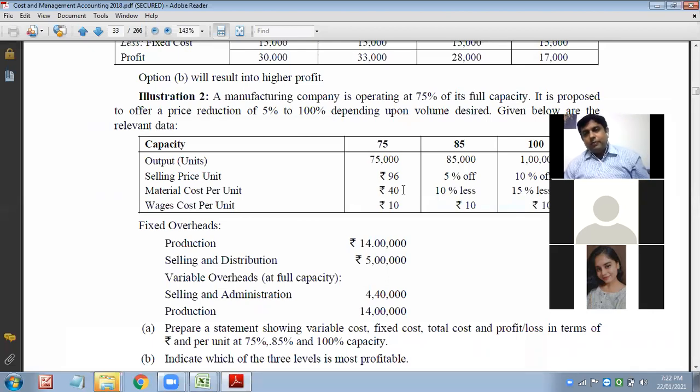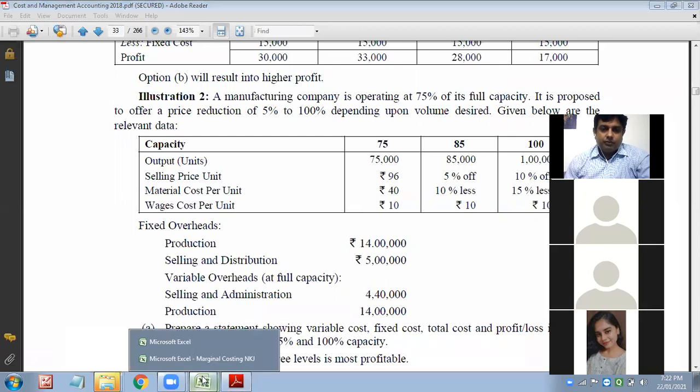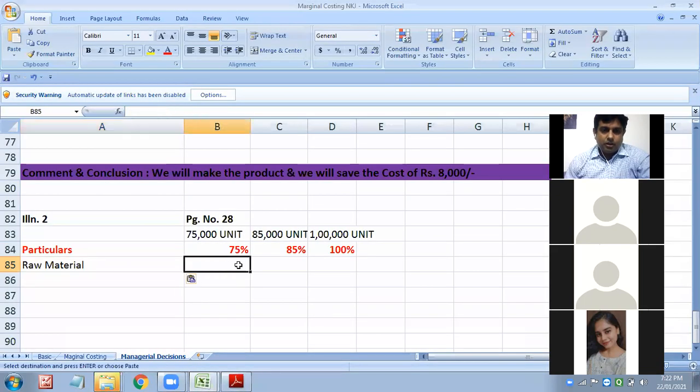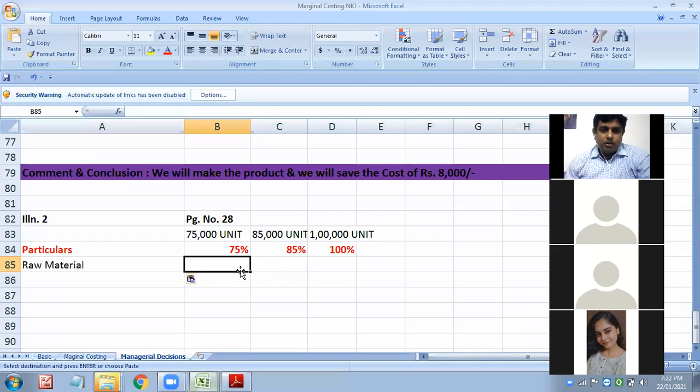You have applied all this in marginal costing. 6 rupees, so 34 rupees per unit. Multiply 75,000 into 40. How much are you getting? Get me your answer, please. 30 lakhs. So this comes to 30 lakhs.